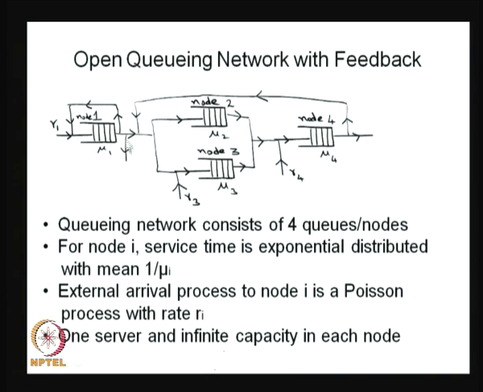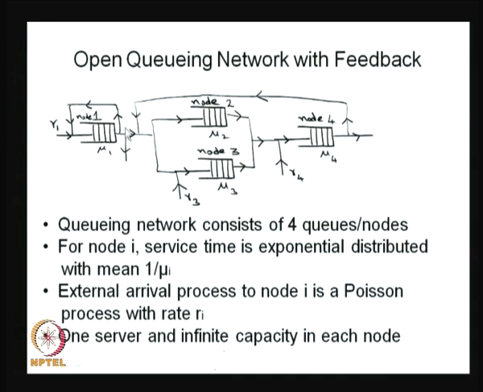Sometimes we want to draw this outgoing arc. There are two possibilities: either this arc probability is 0 or non-zero. Whenever the summation of the probabilities of arcs from node i to all other nodes is less than 1, then 1 minus that summation is the probability that after the service is over the customers leave the system.